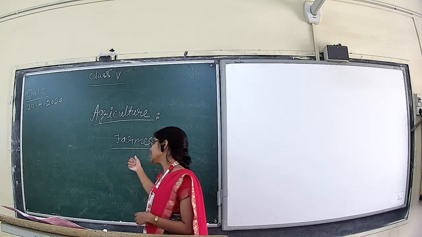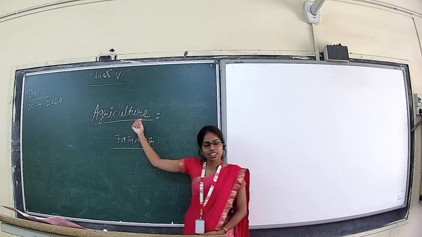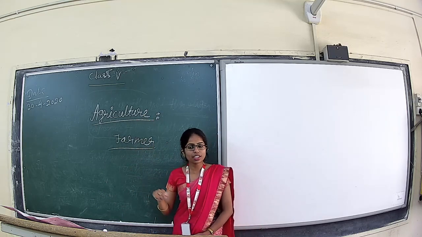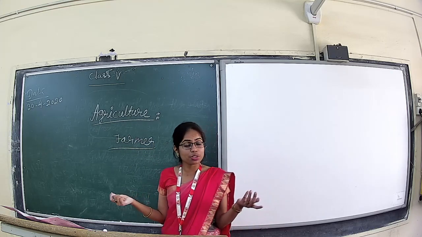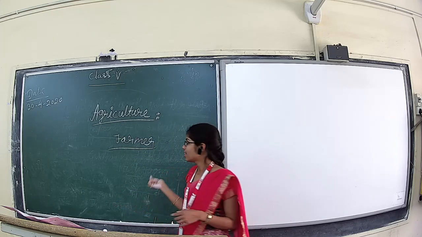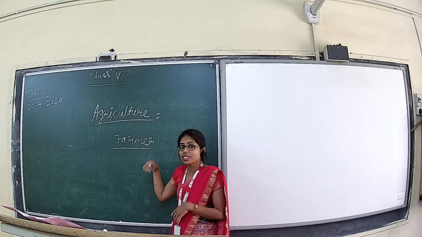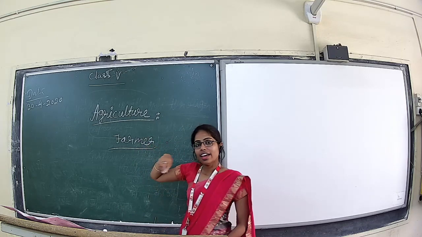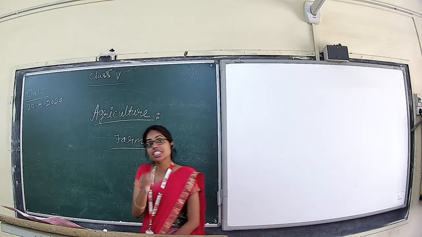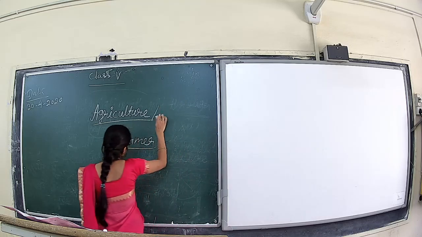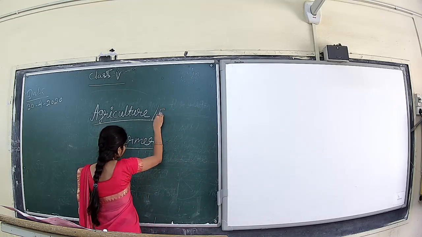Similarly, the person who grows plants or does agriculture is a farmer. Some of your parents may be farmers too. And to pay respect to farmers, we can give another name to agriculture, as farming. What other name can we give for agriculture?